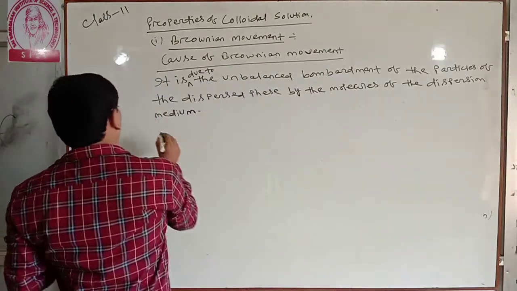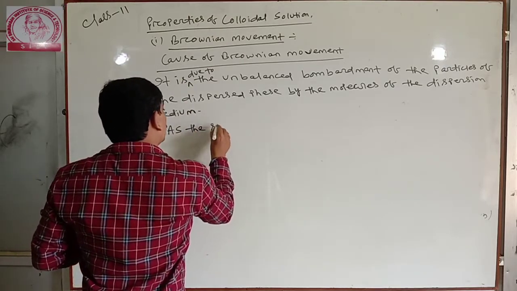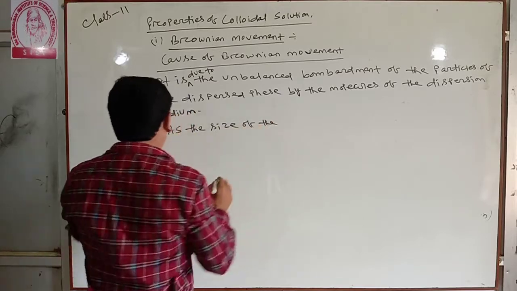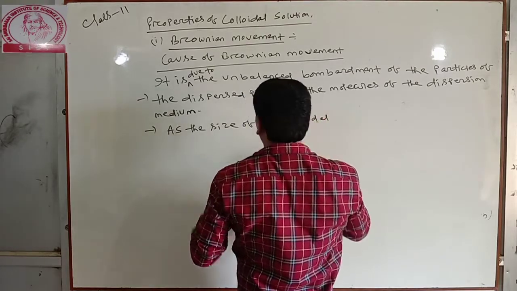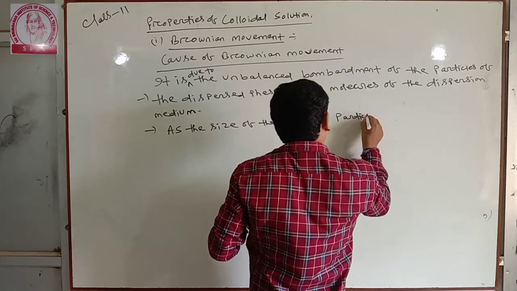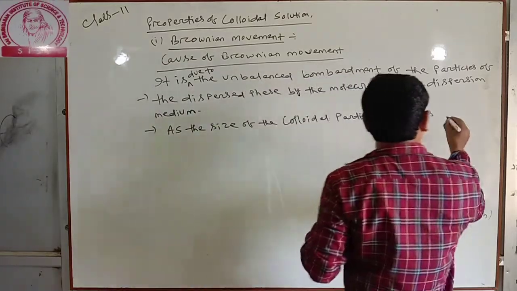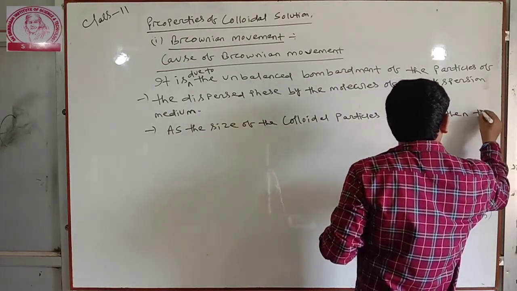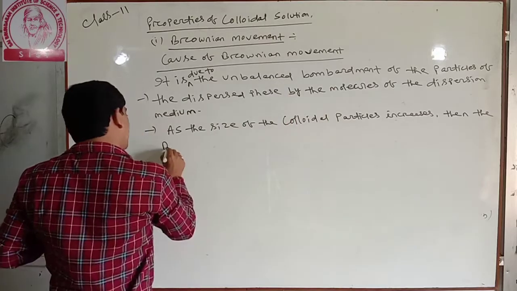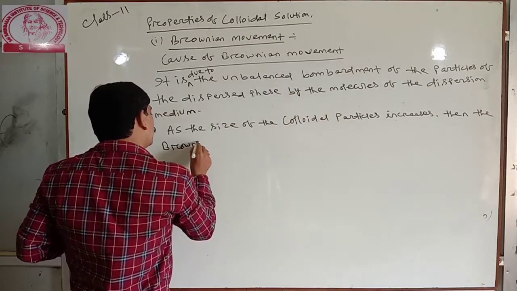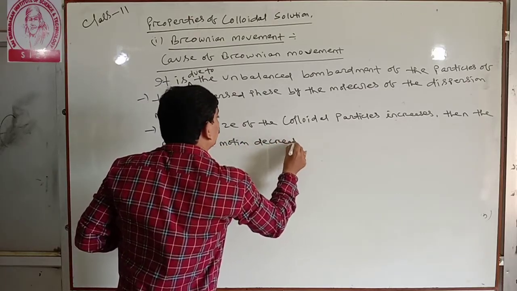That is also an important point. One cause is this: as the size of the colloidal particles increases, then the Brownian motion decreases.